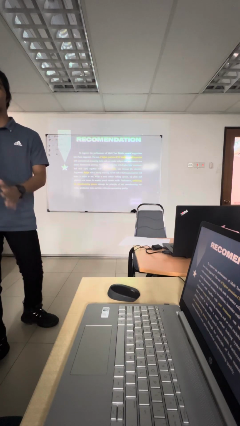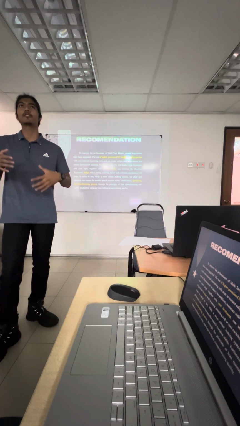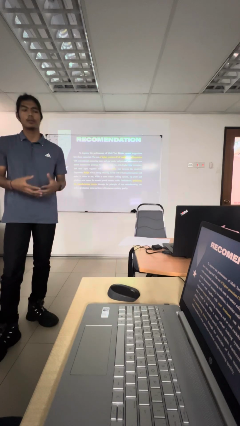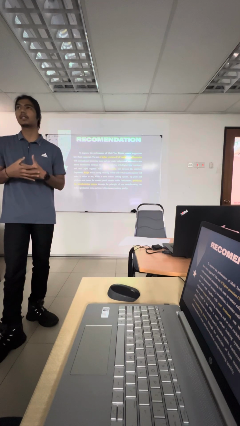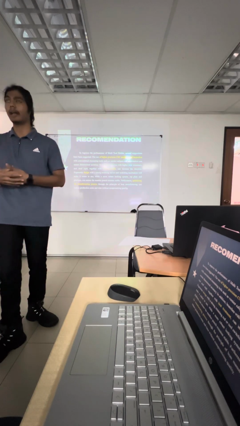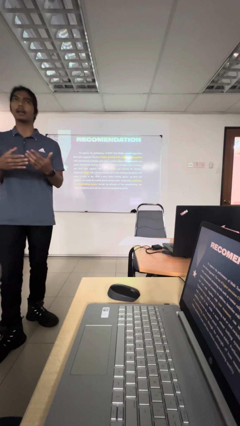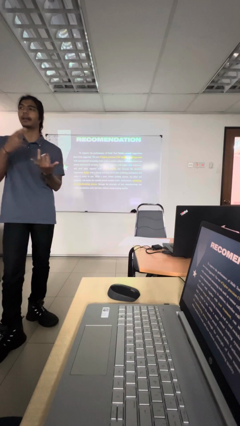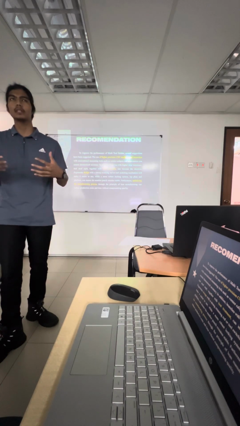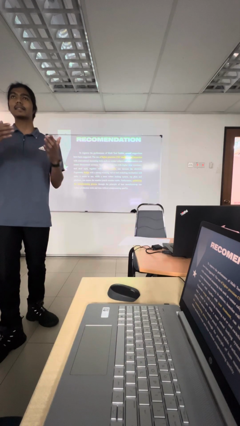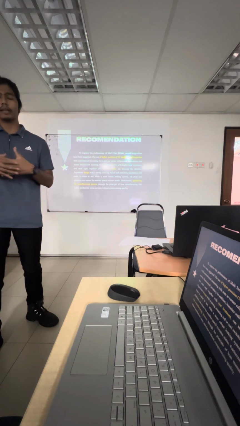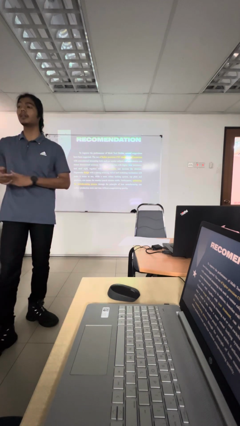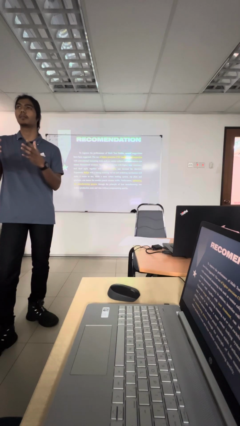And then for recommendation, we actually have a few things that we can improve with our project. Firstly, using CNC machining with high accuracy and checking the measurements using proper tools like a digital caliper and micrometer will help us make sure that the size of each part is correct. Then using a strong material and adding heat treatment will help the parts last longer.